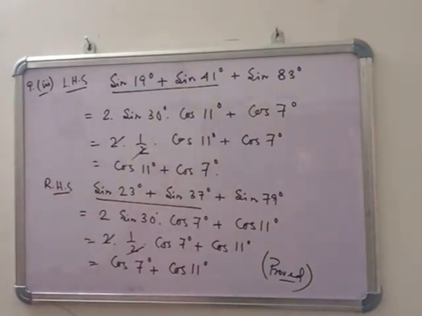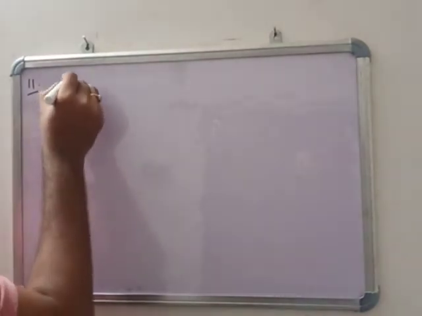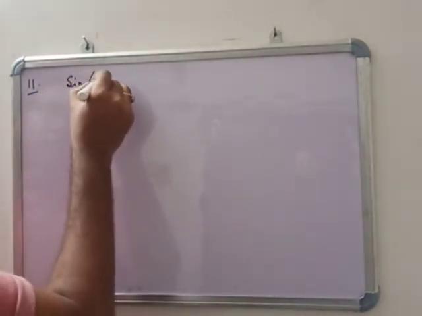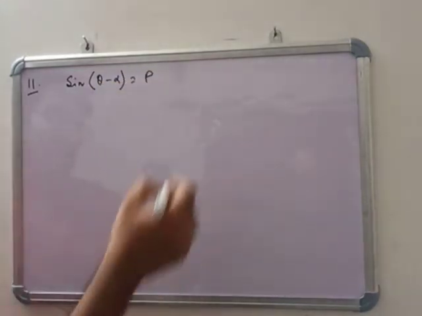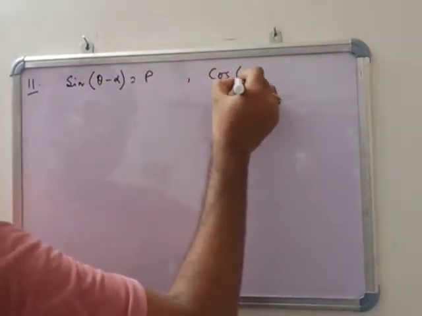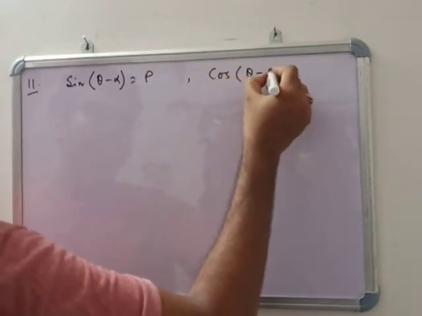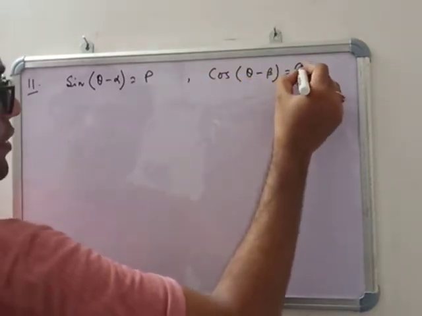Note down all of it. Now in number 11, see that sine of theta minus alpha equals to P and cos of theta minus beta equals to Q. Okay.